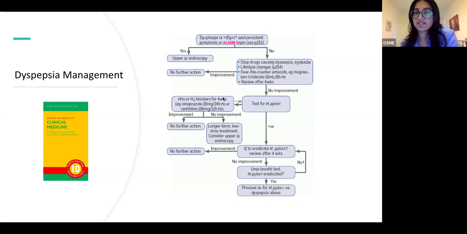If it's positive, eradicate it, and then you can go down that pathway. If it's negative, then you treat them medically with PPIs or H2 blockers. Sorry, I feel like that could lead to some confusion. That's essentially the whole pathway summarized, and if you learn that for your exams, you'll be in a good position.